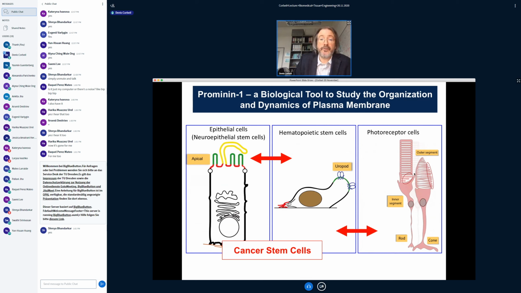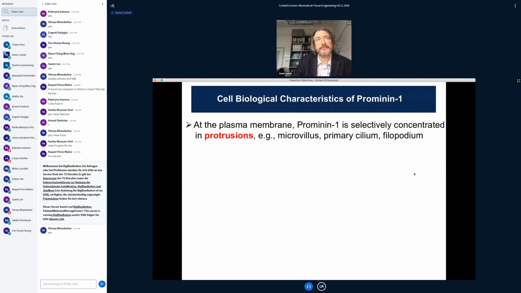And of course, we also use the cancer stem cell to see how the membranes of these cells are organized. So what's very striking with this molecule is that it's found in the plasma membrane, but it's not everywhere there. It's concentrated in some structures that protrude from the flat area.